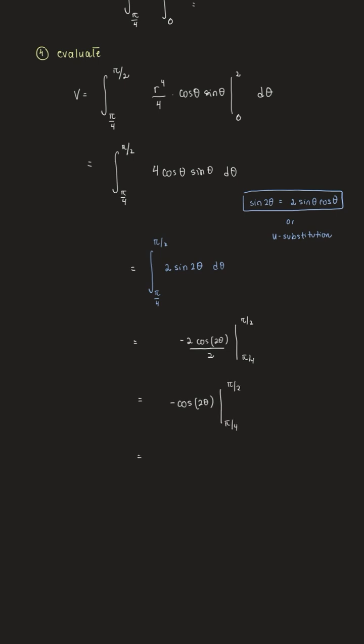When we put pi over 2 here, we have a negative cosine of pi, because the 2's cancel, and then plus, because I'm going to subtract what I get when I put in pi over 4, we're going to have a cosine of 2 times pi over 4, which is pi over 2. And so that gives us negative cosine of pi is negative 1. Cosine of pi over 2 is 0. So the value of this integral is equal to 1.